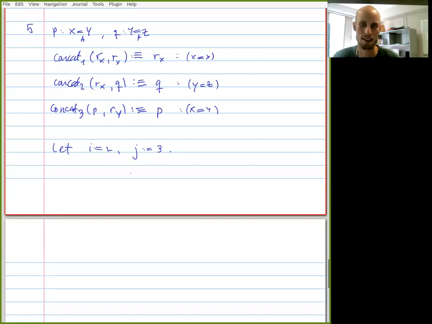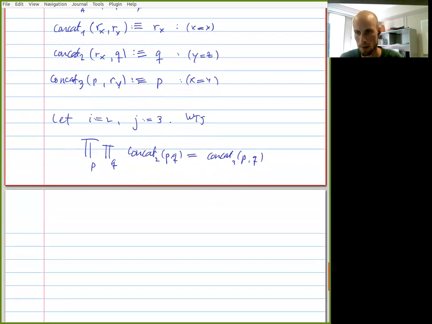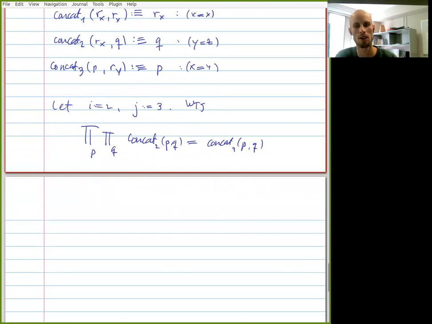And now we're going to show that concat 2 is equal to concat 3. So we want to show that for all P, for all Q, concat 2 PQ is equal to concat 3 PQ. But by what we discussed earlier, if I induct on P, that's not going to make Q into a loop.